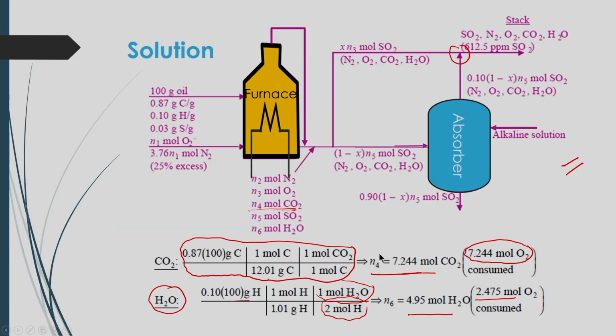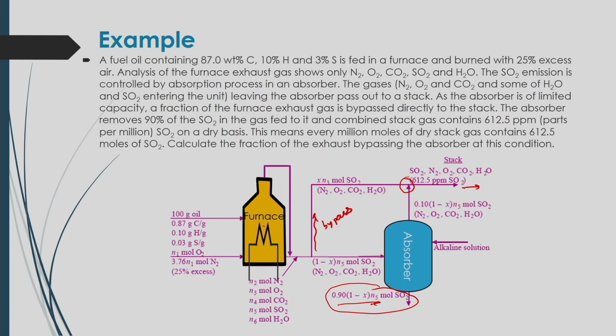So, this is one example showing how to do the material balance for a combustion reaction. You can also do the material balance for a combustion reaction with excess oxygen or excess air, and calculate the theoretical oxygen and theoretical air, and based on that calculate how much excess oxygen is required for the combustion reaction, or what the excess amount of air required for the complete process will be.